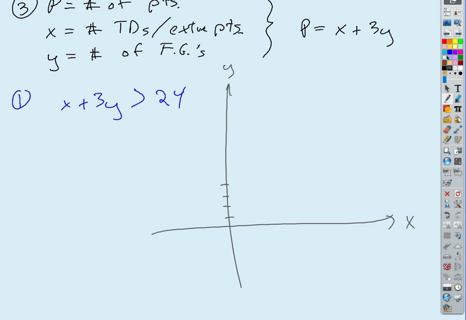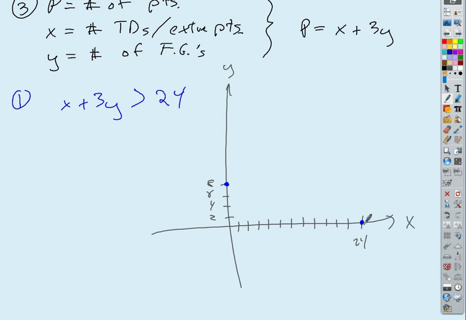So there's 8. And then what if I set y equal to 0 and solve? X equals 24, okay. So there's 24. We could have also just put this in slope-intercept form, right? We'll do it the other way this time.